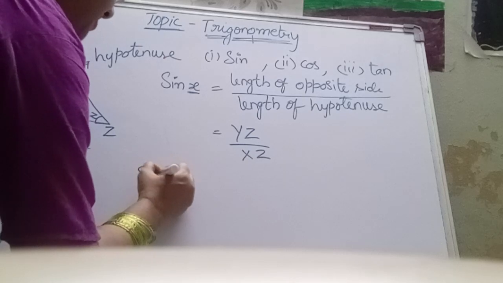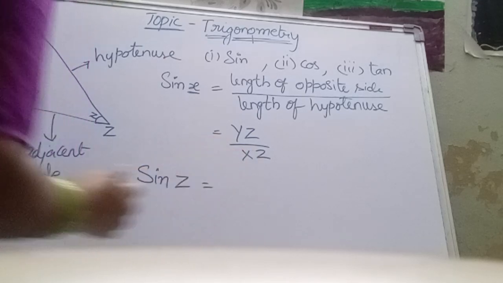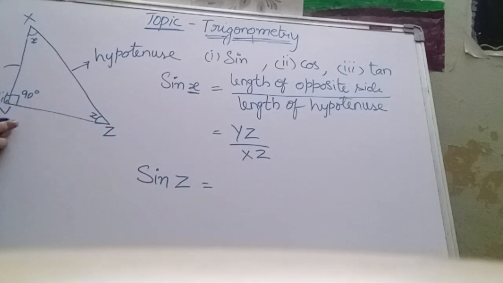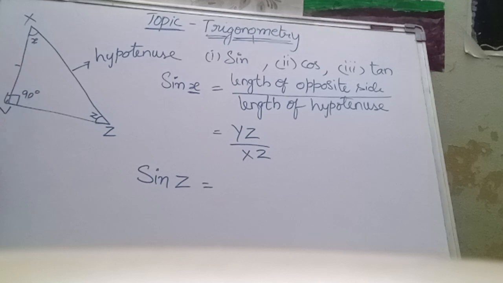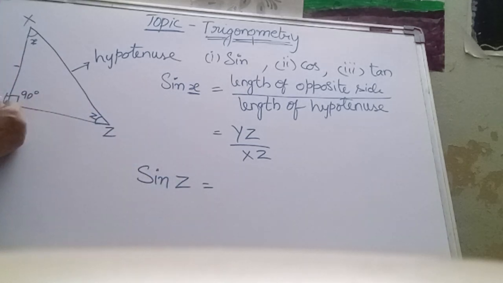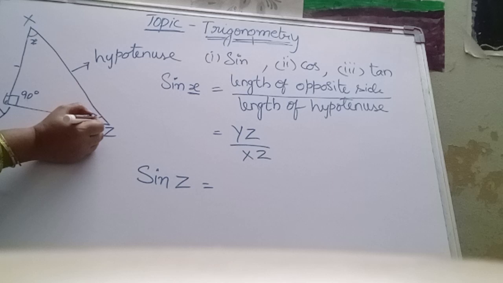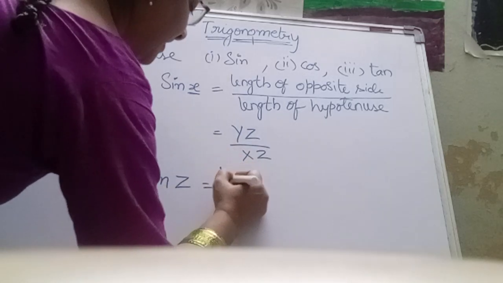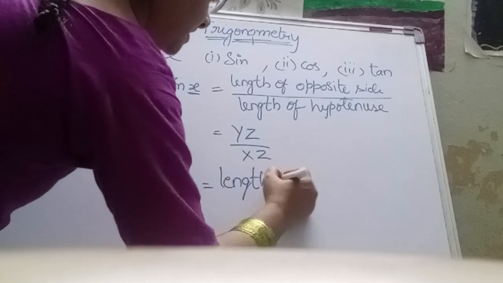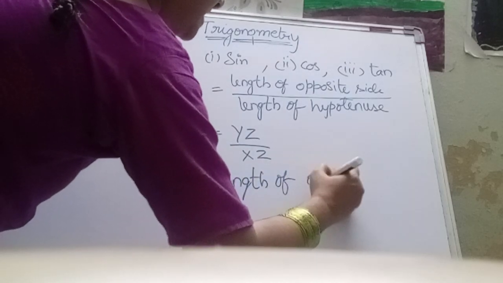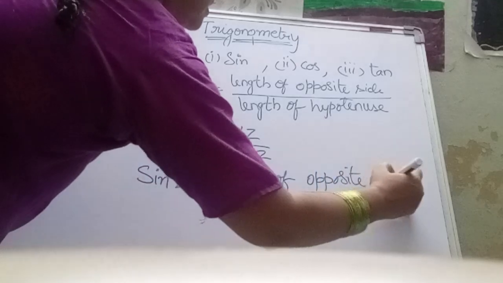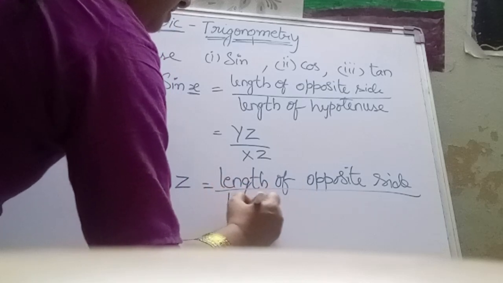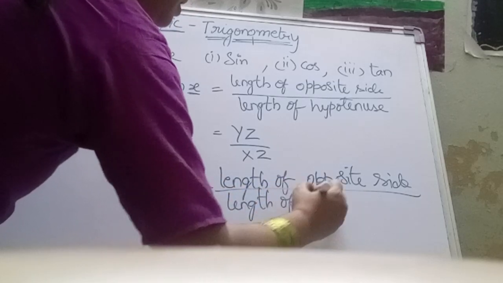If you take sin z, for this what is the opposite side? This is the opposite side, so xy. Again write the formula: length of opposite side by length of hypotenuse.